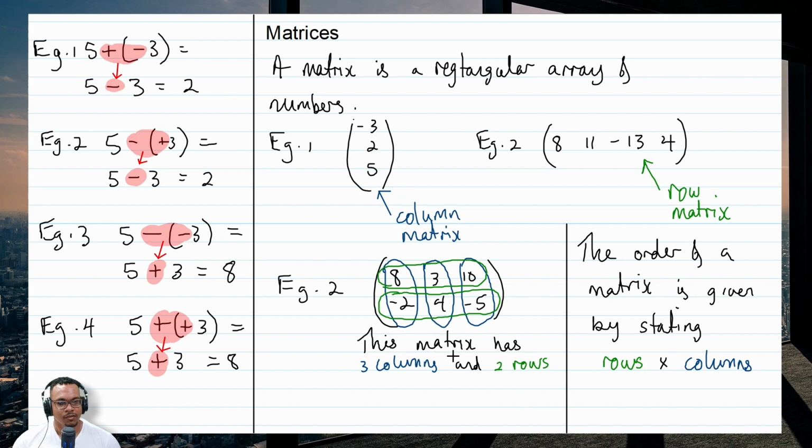So, for example, since this matrix here is 2 rows and 3 columns, this matrix, I'll put an arrow in red. This is a 2 by 3 matrix.